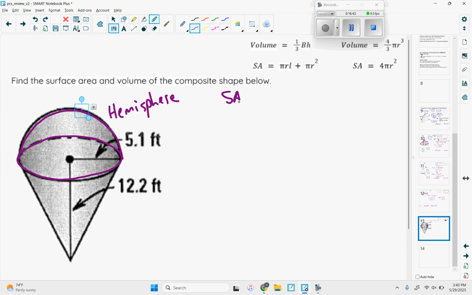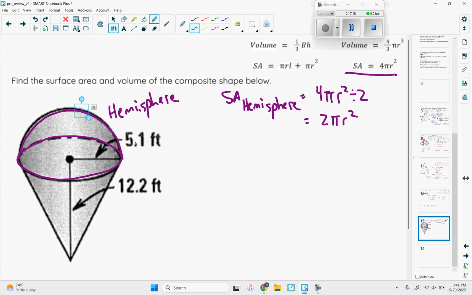Well, surface area of a sphere is 4 pi r squared. So the surface area of a hemisphere, which is half of a sphere, is going to be the same formula, just cut in half, divided by 2. And this would simplify to just 2 pi r squared.